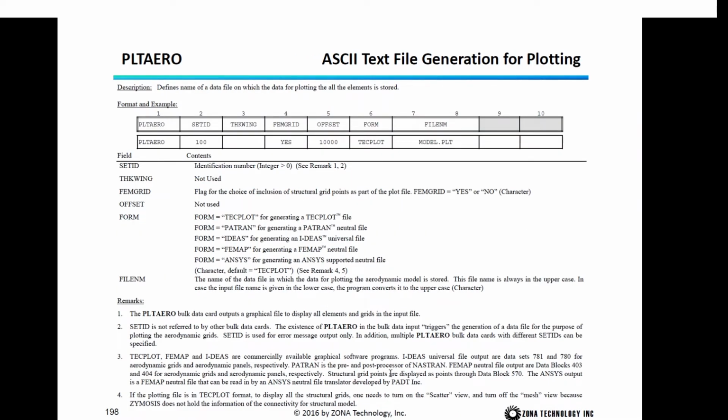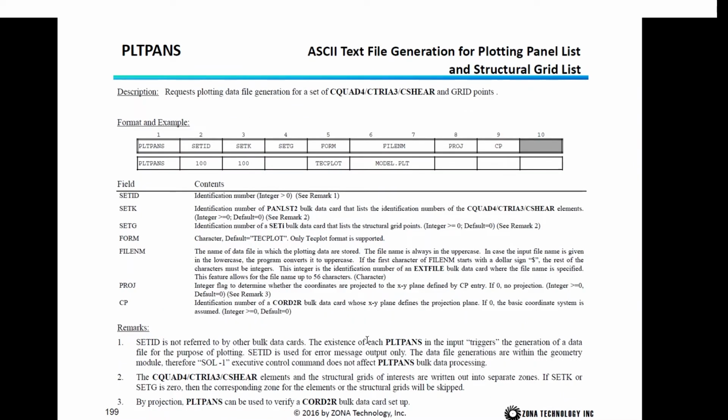PLOTEL allows you to plot the micro elements listed in the Zymosis info file, and PLOTPEN allows you to look at the micro element. So you refer to a PELIST2 card that lists all the IDs of the ply elements. SETG refers to a SET1 card that lists all the grid point IDs.